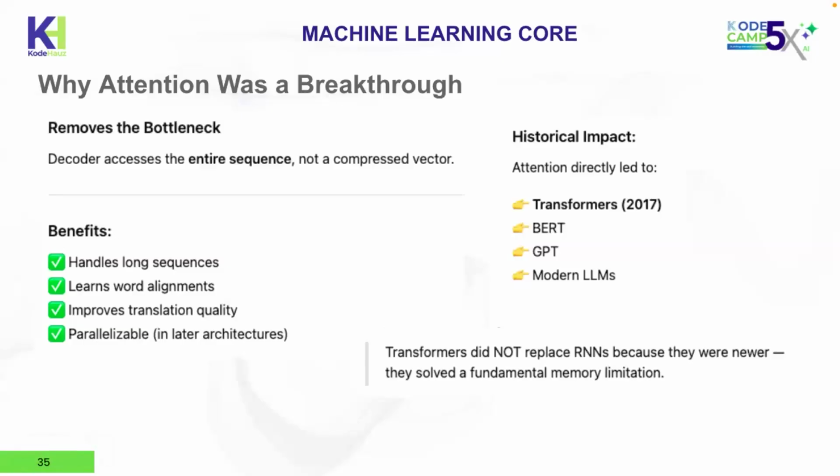The decoder is now able to see the entire sequence that comes from the encoder, so it gets all the information. But more than that, the decoder is also able to learn the relationship between the different elements of the sequence. So in this case, the relationship between different words, which word has most impact on the other word, and so on. So that improved the translation quality.